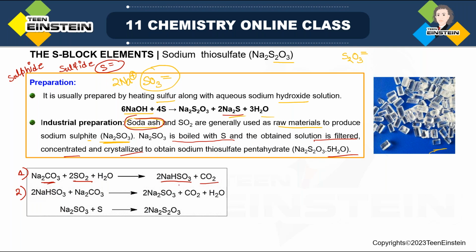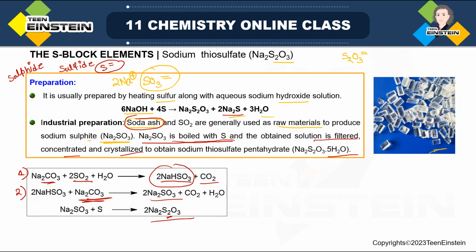So the NaHCO3 formed in the first step is again reacting with soda ash, forming sodium sulfite. This sodium sulfite, as mentioned here, is boiled with sulfur. And when you are boiling it, finally you are getting 2Na2S2O3. We are just increasing the number of sulfur atoms.